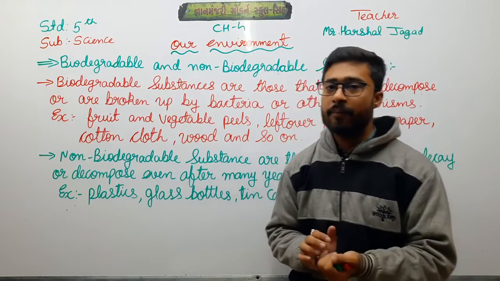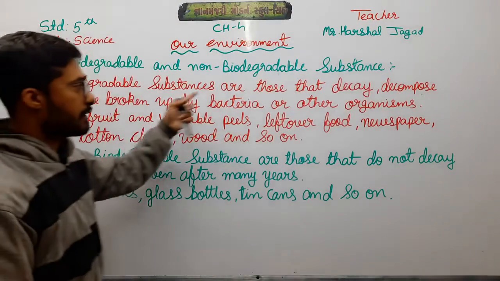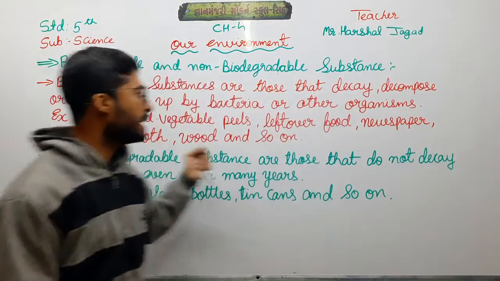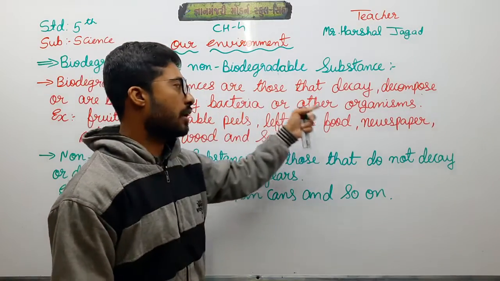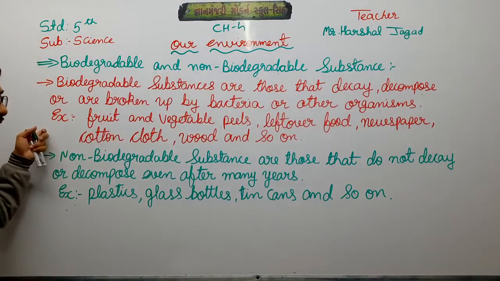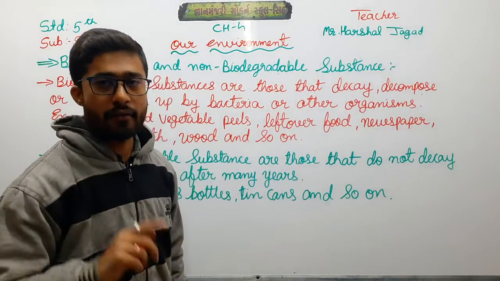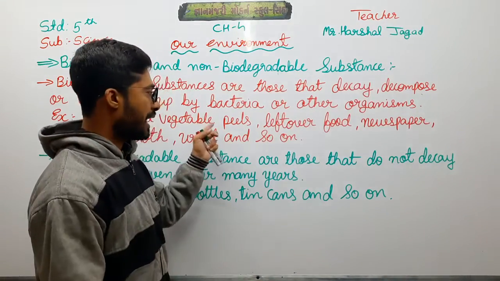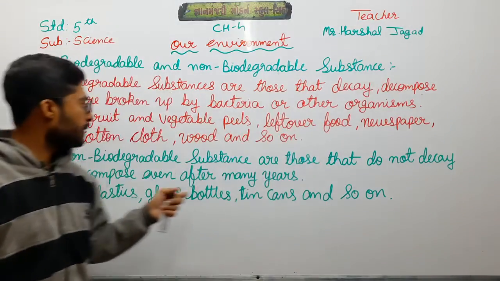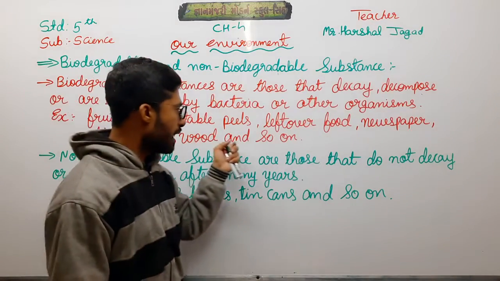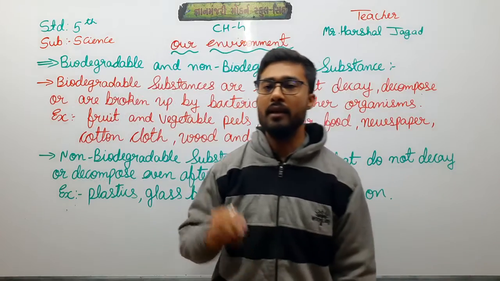Okay students, now again, biodegradable substances are those that decay, decompose, or are broken down by bacteria or other organisms. Examples are vegetable and fruit peels, means जो छाल होती है वेजिटेबल्स और फ्रूट की, leftover food, जो फूड ऐसे ही पड़ा है वो, newspapers, cotton clothes, wood and so on. These are all biodegradable things.